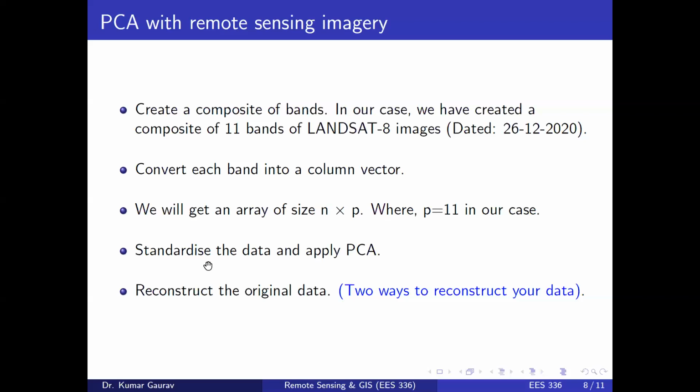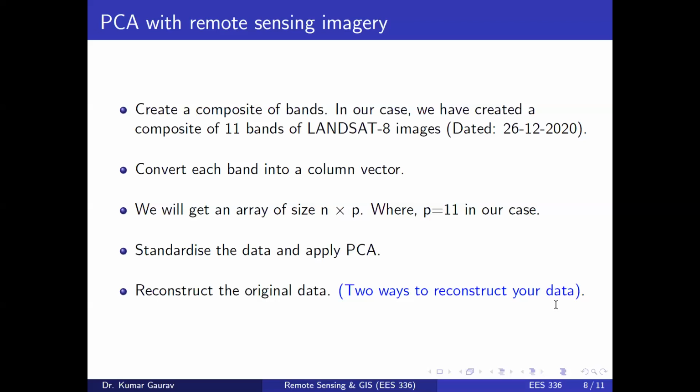Then after that we will subtract the mean and apply PCA. In this case we will use the inbuilt command, and here we will see how we are able to reconstruct the data. And I have marked in a different color that there are two ways of reconstructing the data.